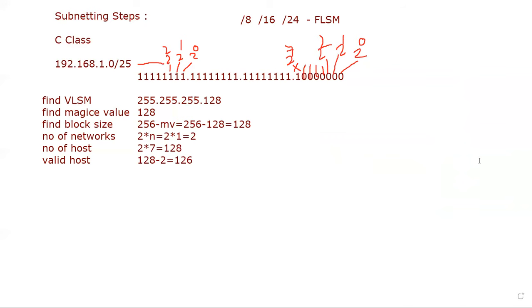Okay, now we have to find the network ID, first valid IP, last IP, and broadcast ID. Network ID is our very first IP address. Broadcast ID is our last IP address.